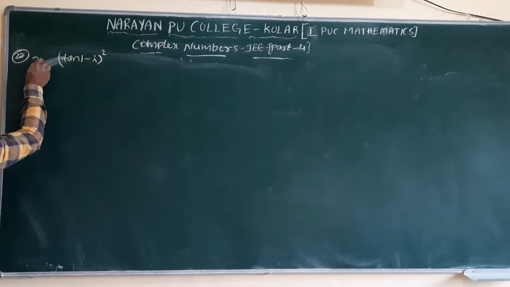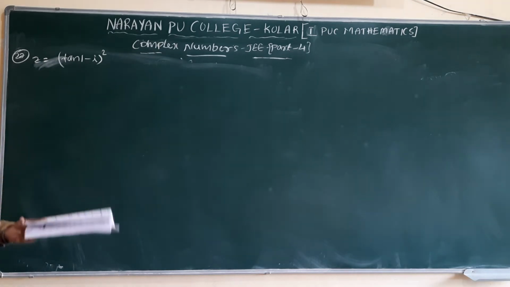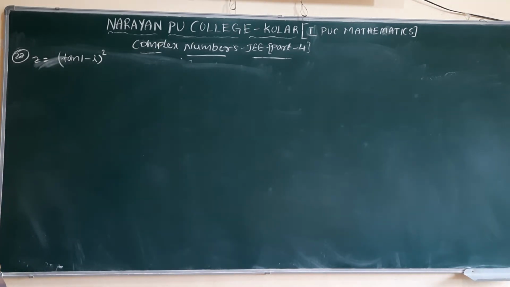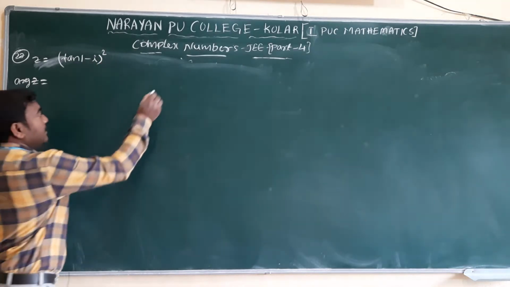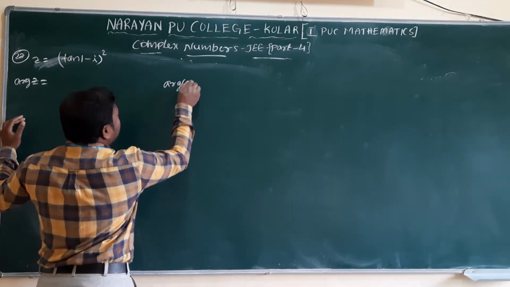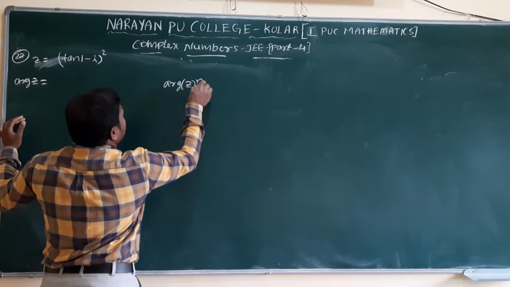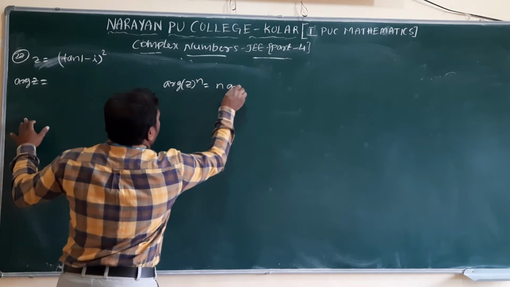We have taken z is equal to tan 1 minus I whole square. They have given the argument of the complex number. So the argument of z is equal to, we know that argument of z power n is equal to n into argument of that.